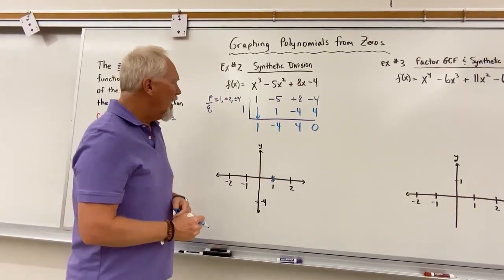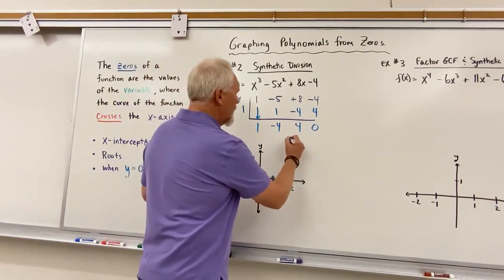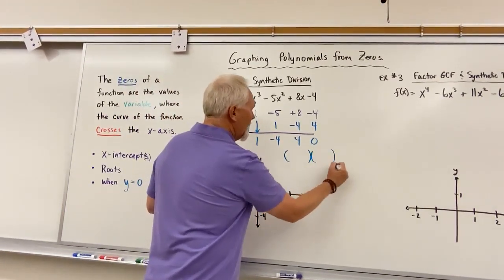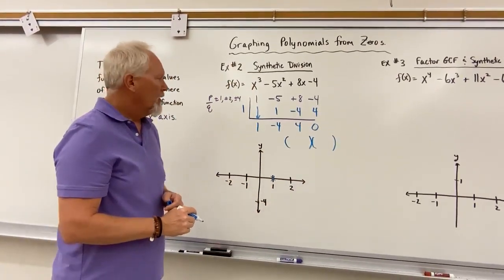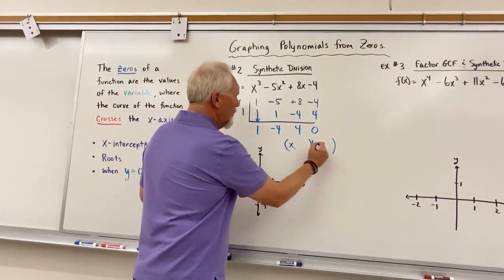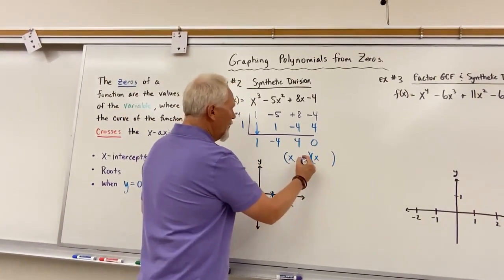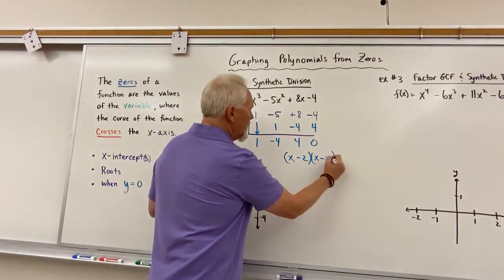Then we have 1, -4, 4. We can factor that. And we ask ourselves what two numbers multiply to +4 and add to -4. And we find out that we get x minus 2 and x minus 2.